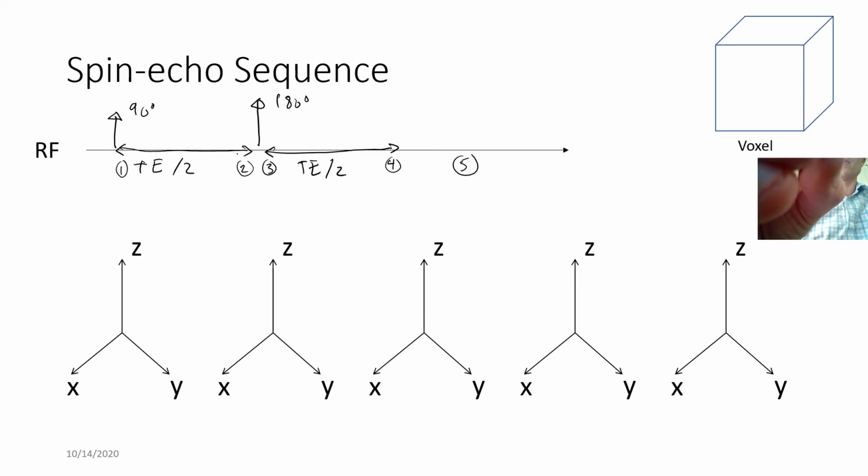So we can follow a couple of different locations in our voxel that might have different resonance frequencies. Let's say a case of our orange as it was before.